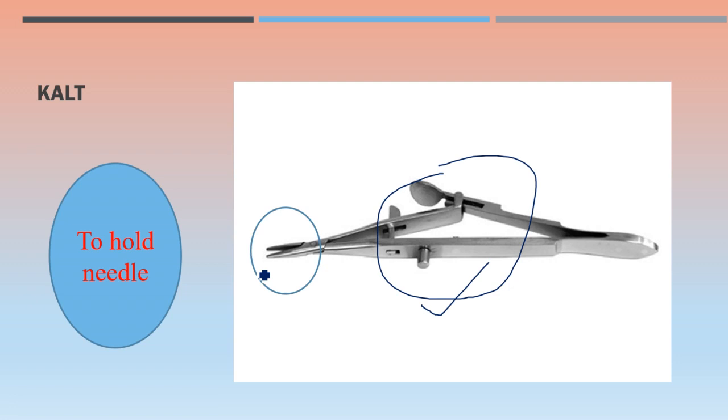For finer work, these needle holders are used. Sorry, not for cutting, for suturing. Smaller needles, right? 6-0, 7-0, 8-0, 9-0, 10-0. So for these smaller fine suture materials and suture needles, these types of spring action needle holders are used.